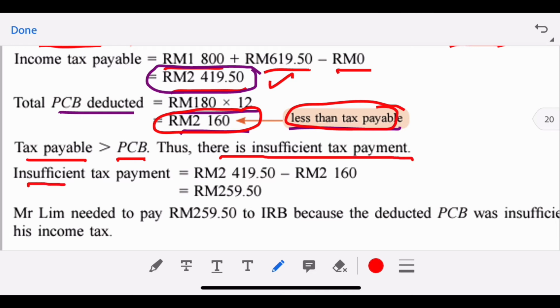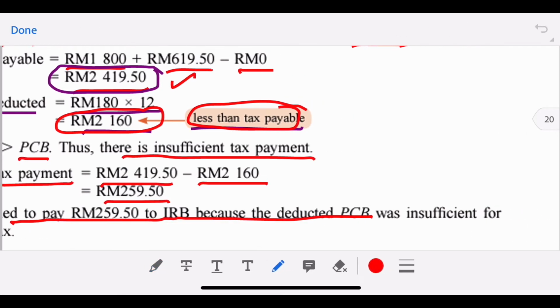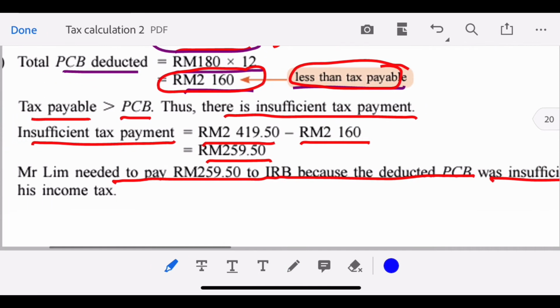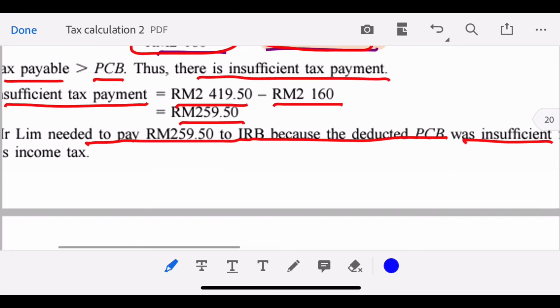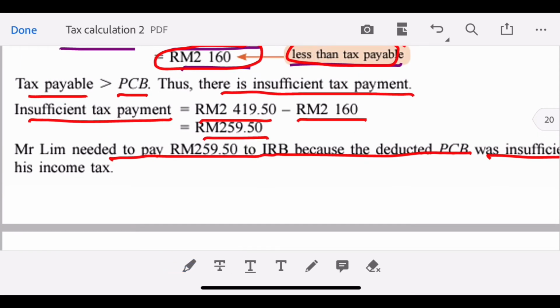So the insufficient tax payment will be 2,419.50 minus 2,160, which is 259.50. So Mr. Lim needs to pay 259 ringgit and 50 cents to IRB because the deducted PCB was insufficient for his income tax. So that is the tax payable more than the PCB.